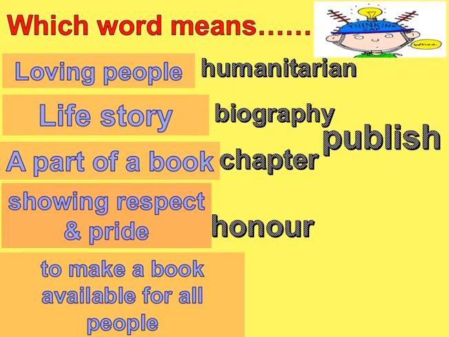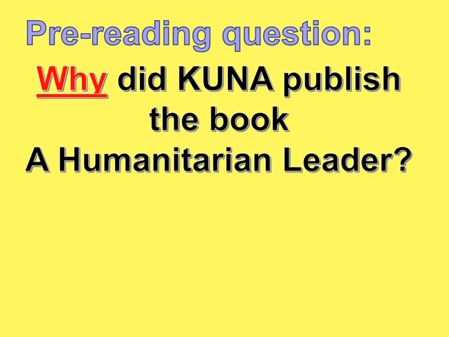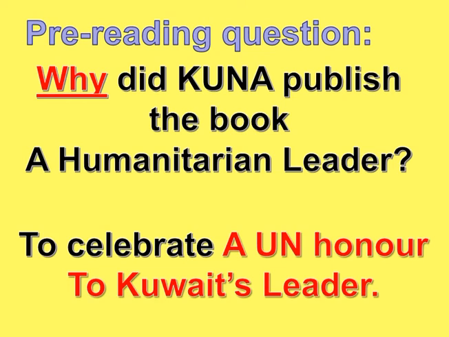And to make a book available for all people, it is publish. Pre-reading question: why did KUNA publish the book A Humanitarian Leader? To celebrate a UN honor to Kuwait's leader.